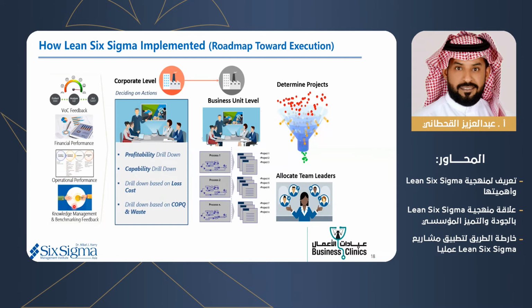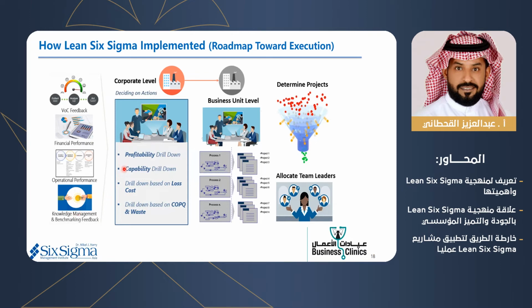For example, if one company did benchmarking with other similar companies, they identify there is a gap, so they want to improve further. They are not satisfied with their current situation. So this is another source to identify the gaps or problems.